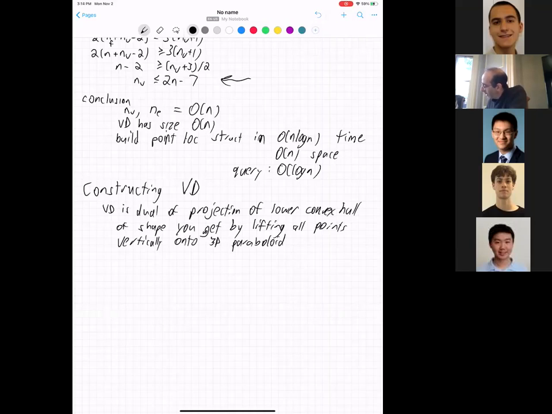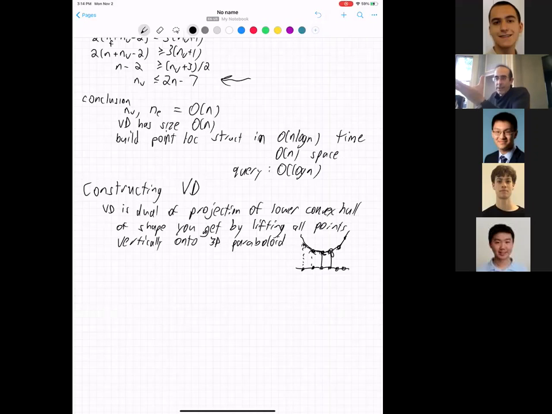So in other words, if we look at the reduced dimension version of this, if we wanted to solve the one-dimensional Voronoi diagram problem, we would draw a parabola and we would lift up every point to the parabola. We'd get points on the parabola. We would see which ones connect together in our three-dimensional shape.